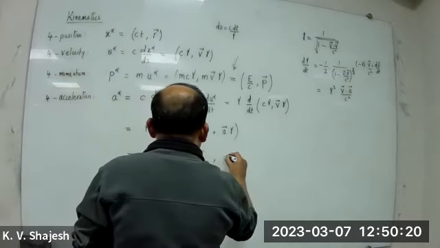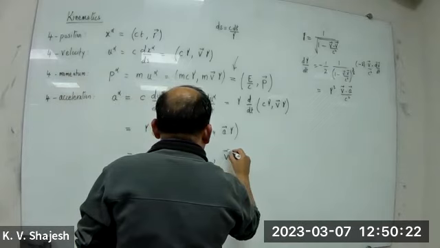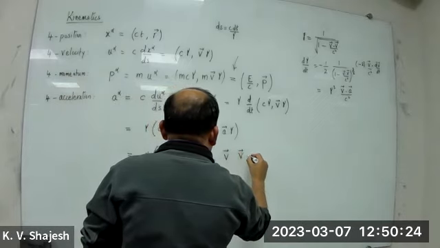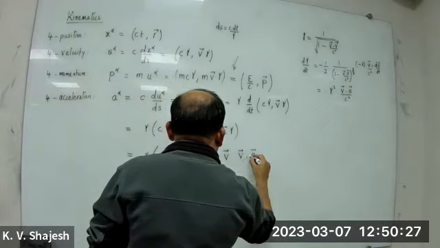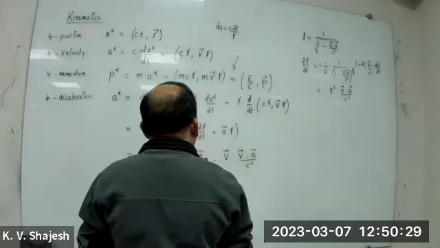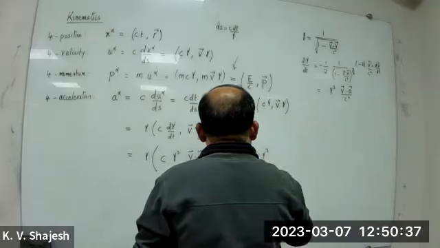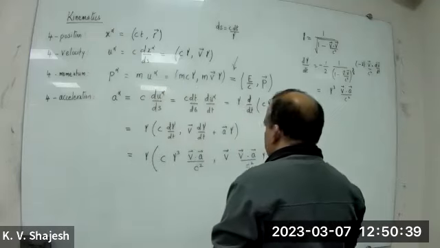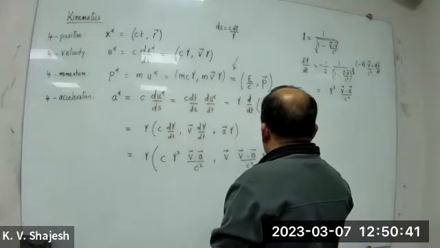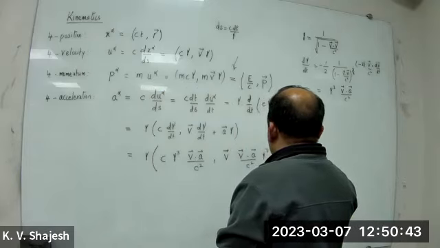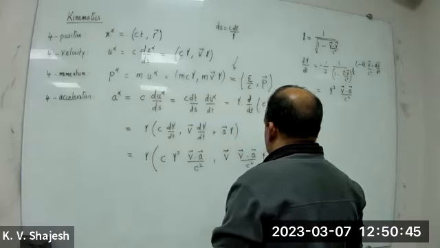And this is v times v dotted with acceleration over c squared again, plus gamma cube also. Gamma cube plus acceleration times gamma.